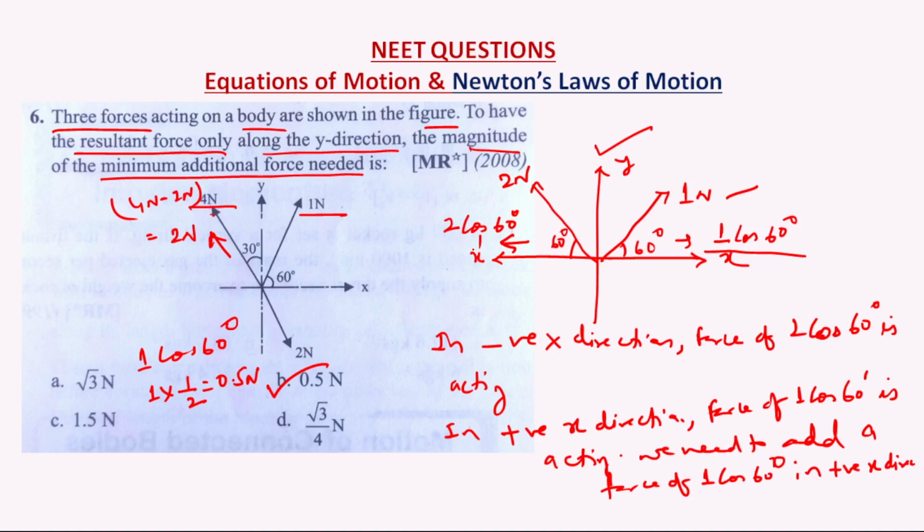The requirement was to balance the forces in the x direction, so that net zero force is acting in the x direction, and the resultant force will be only in the y direction. So we found that 1 cos 60 degree we need to add in the positive x direction, so that a balance of 2 cos 60 degree will be there on both sides, the negative x side and the positive x side.